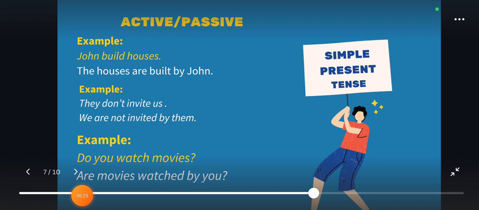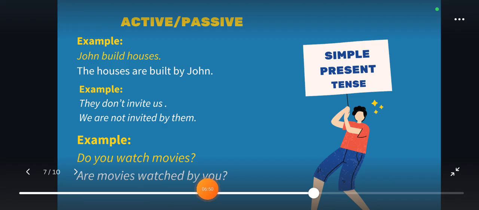So for passives, we have helping verbs is, am, are, and as movies will be our subject in the passive voice, we will insert are. So for movies, insert the helping verb are first. For interrogative statements, we insert helping verbs first. So write are, then movies, and then add third form.